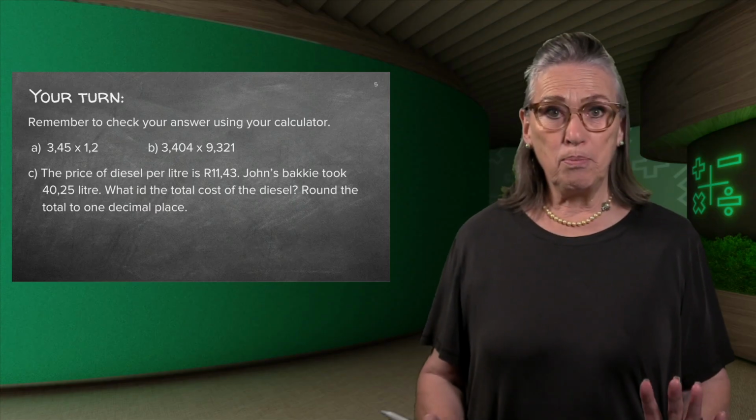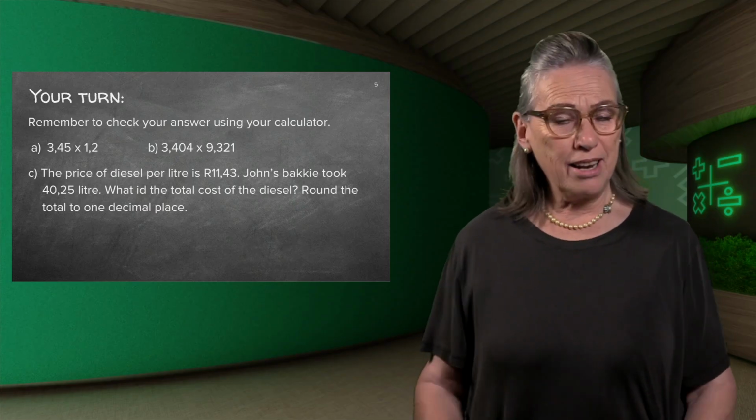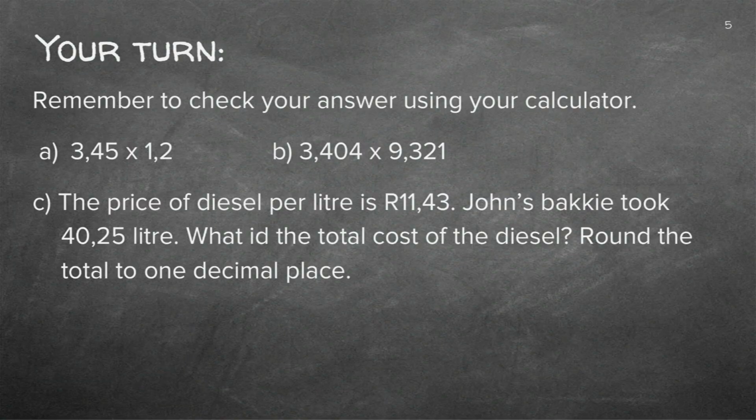Okay, right. So now it's your turn. Same story, pause, do it, and I'll see you back. Right, so let's see, 3,45 times 1,2. What is the first thing we do? Correct. We find the product without the decimal commas.